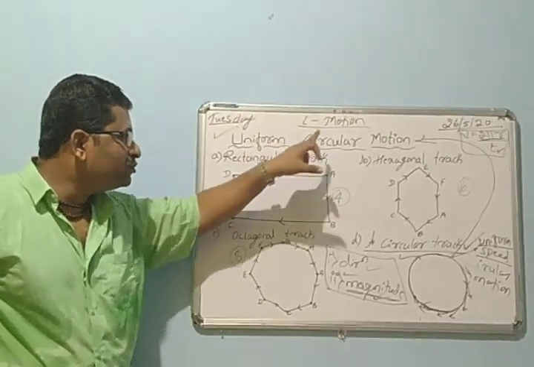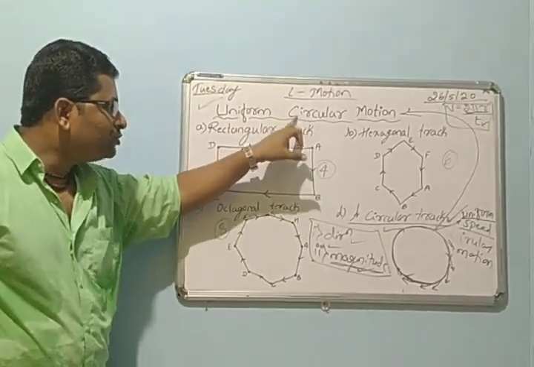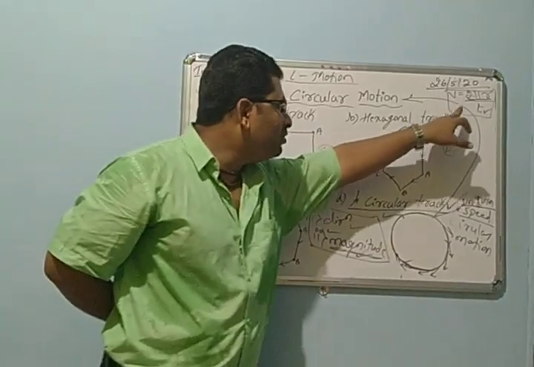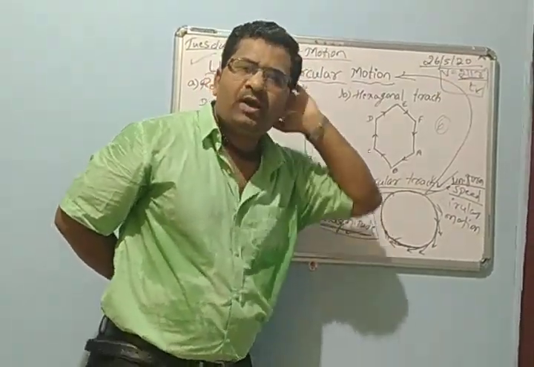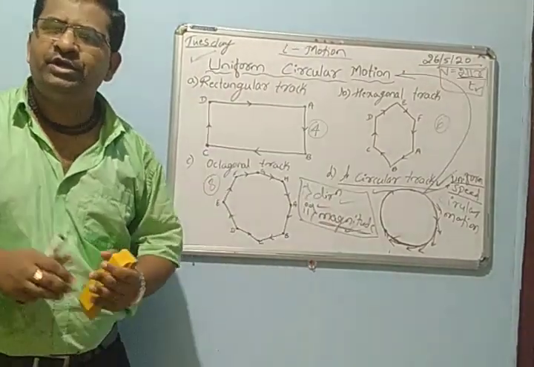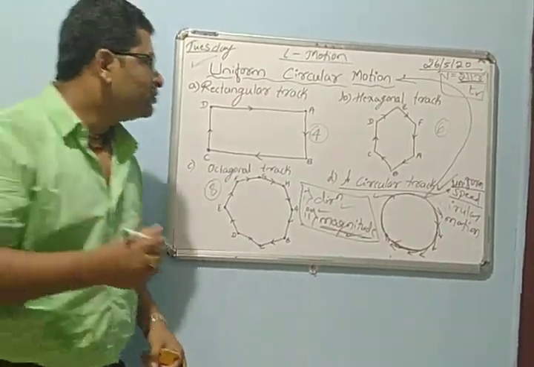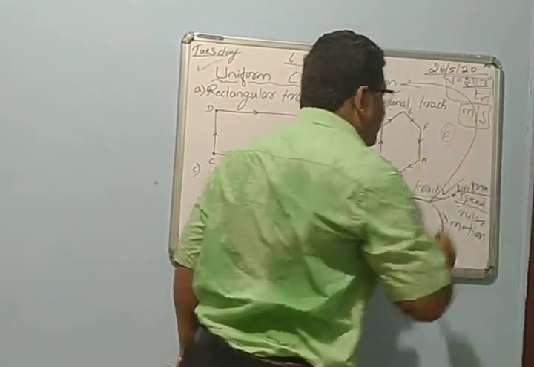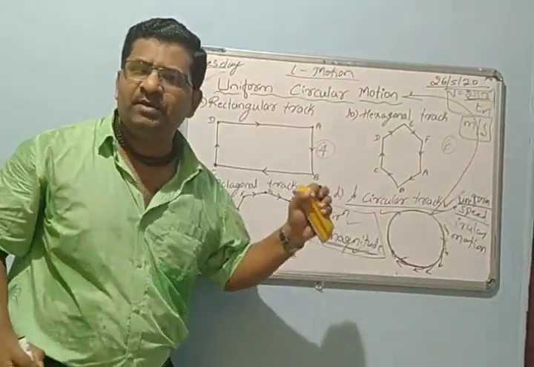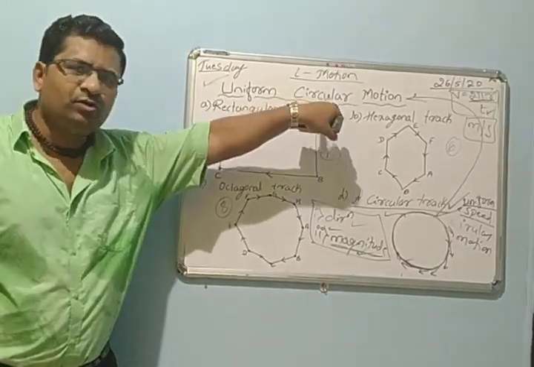In case of the uniform circular motion, the velocity of the object is calculated using the formula v equal to 2πr by t, and the unit is the same, the SI unit, that is meter per second. The SI unit of velocity applies here in this case also.